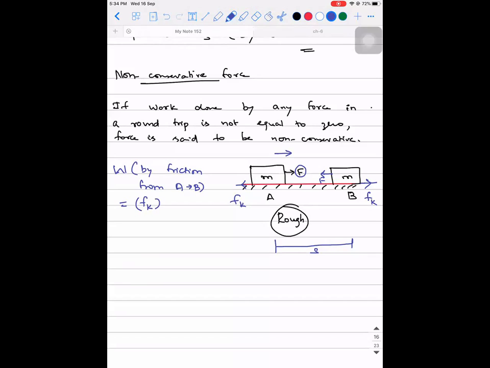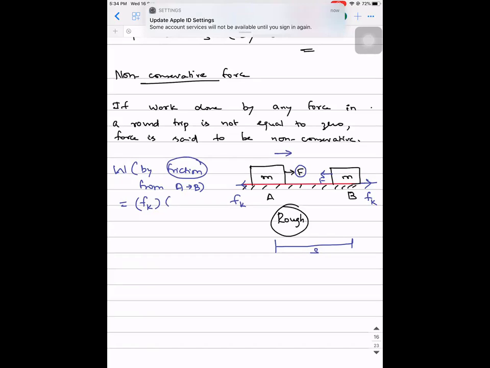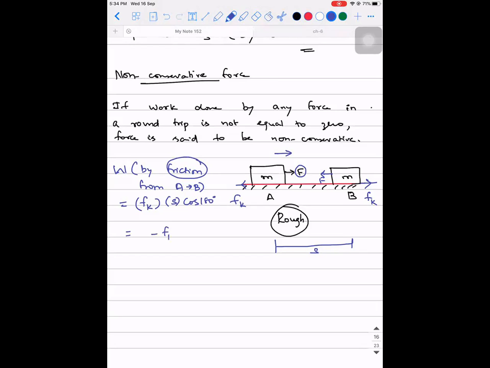So what is the force I'm trying to talk about? Friction. So write frictional force times the displacement of the object, S, times cos of 180 degrees. So that will be minus Fk S. That is equation number 1.